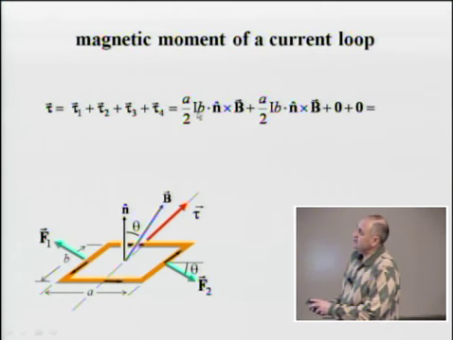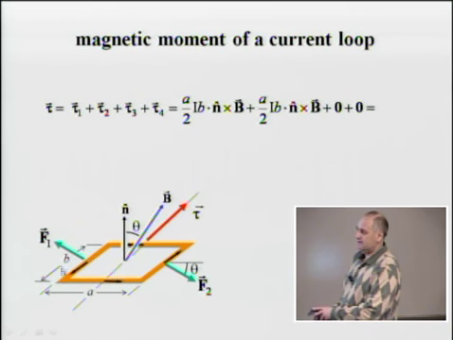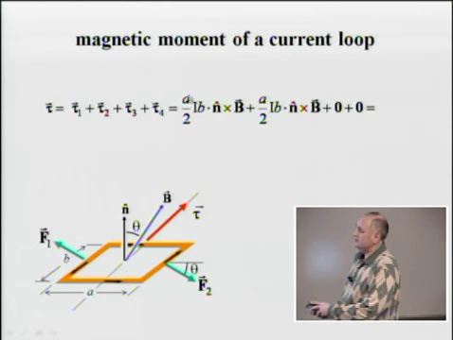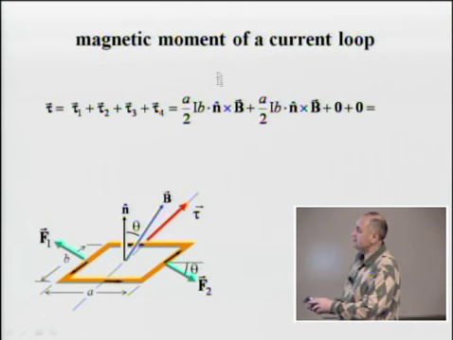Now, current flowing times the length of this piece times magnetic field vector will give me the magnetic force exerted on this piece. And this is the magnitude of the position vector.